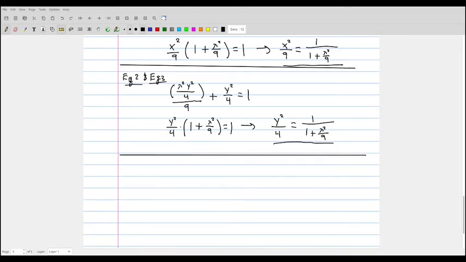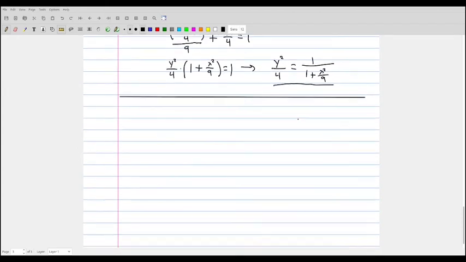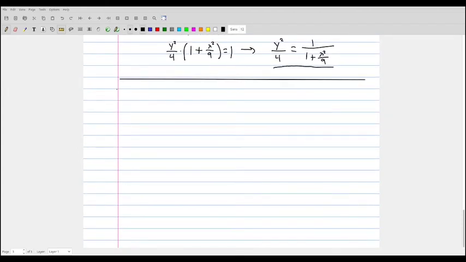The last thing to do is to eliminate both variables x and y. So plug this expression and this expression into our equation 3 and isolate lambda, thereby solving for lambda. We get one equation that we can solve for lambda. So we're going to take both of those two results and plug into equation 3.